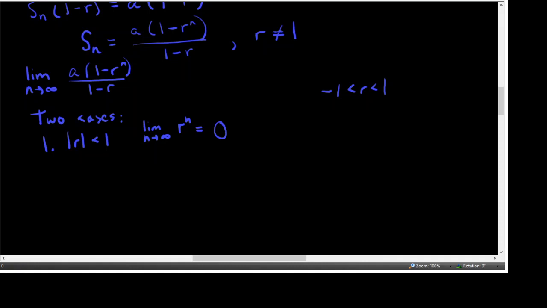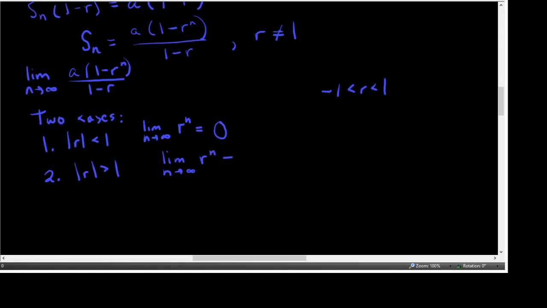Now the other case, the next one's actually kind of two, but I'm going to combine them into one idea. What if the absolute value of r is greater than 1? Well, think about it. If r were, say, 2, and you multiply 2 times 2 times 2 times 2 infinitely many times, what's going to happen to the limit of r to the nth as n approaches infinity?